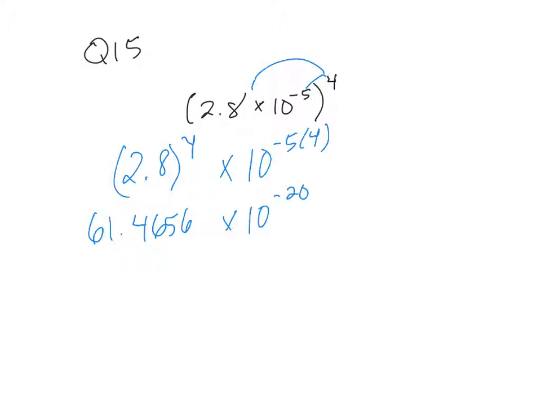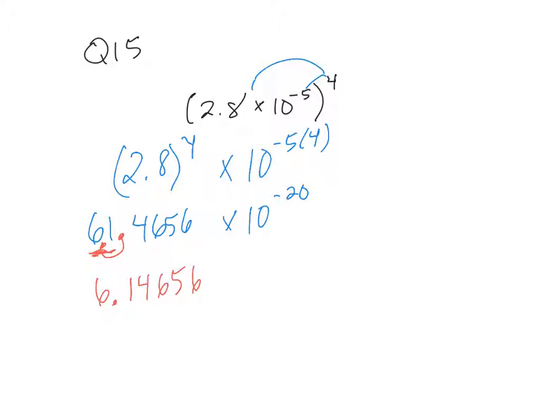Now we're not done because scientific notation requires that only one digit be in front of the decimal point. So that means we need to take the decimal point and move it one space. So it's going to be 6.14656.